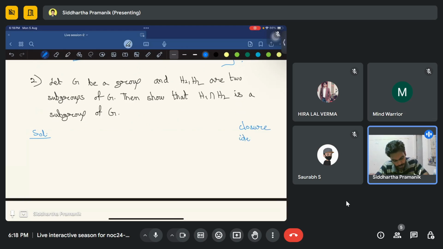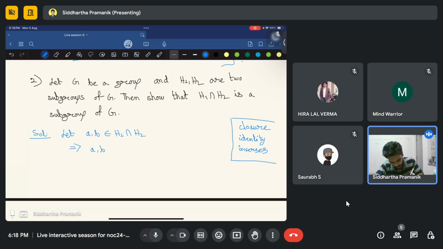Second one is identity. And third one is inverses. So let's see one by one. Let a and b belong to this intersection. That means a and b both belong to H1 and H2, right?